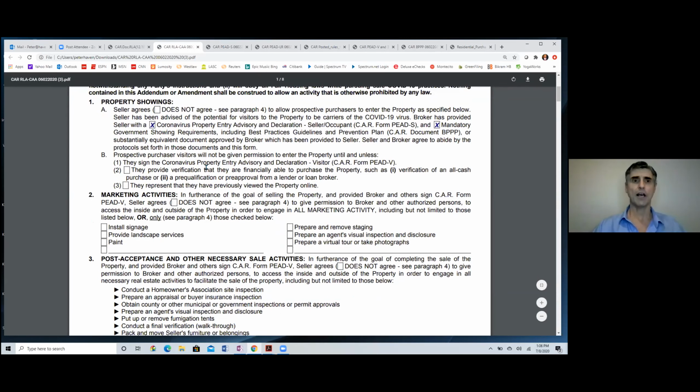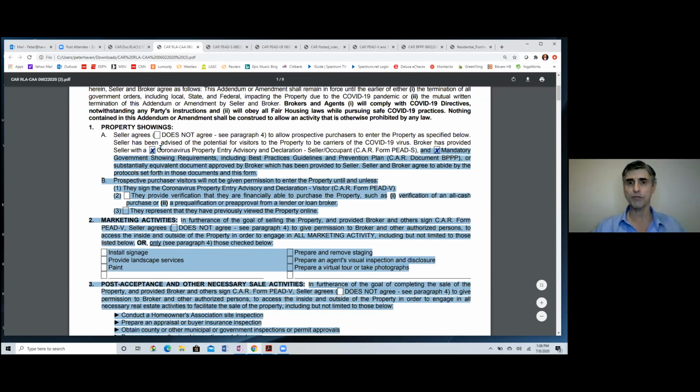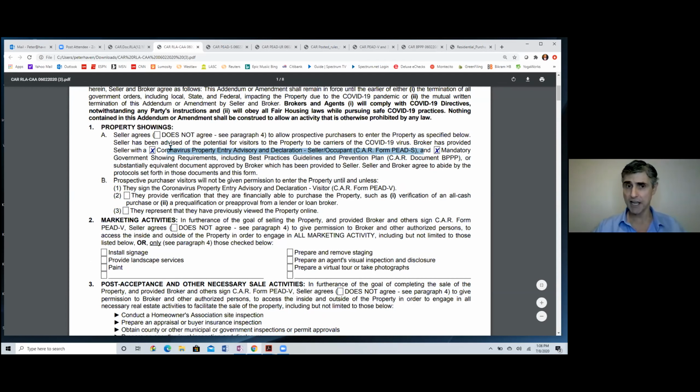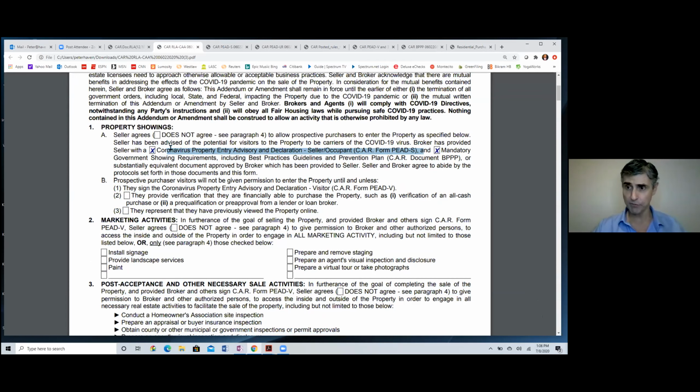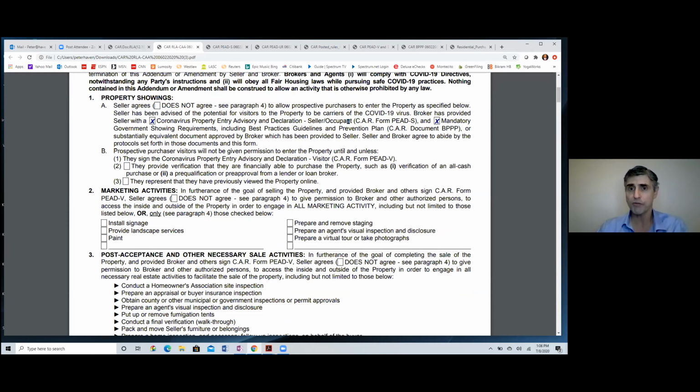Now, this form also refers to something called a coronavirus property entry disclosure declaration, or what we refer to as a PEAD, P-E-A-D, and I'm going to talk about that form in a minute. So as part and parcel of executing a listing agreement, and assuming we're also doing this CAA, we're also providing the seller or occupant with a CAR PEAD form S.